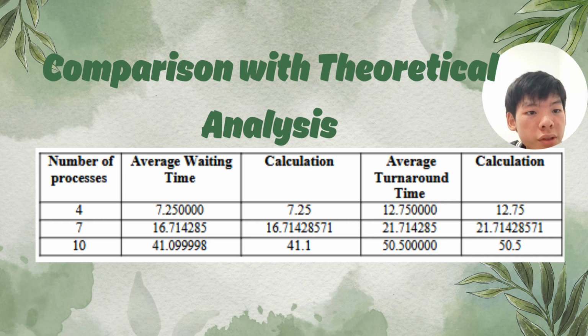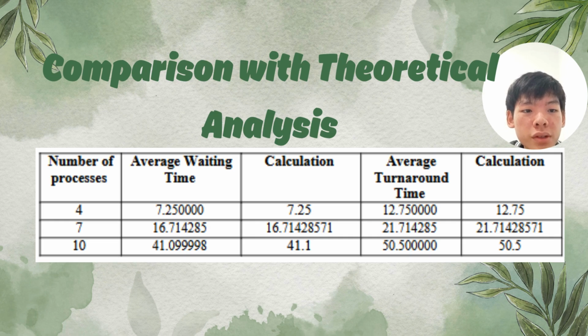For 7 processes, AWT is 16.714285 actual, and the calculation is 16.71428571. The ATT is 21.714285, and the calculation is 21.71428571.